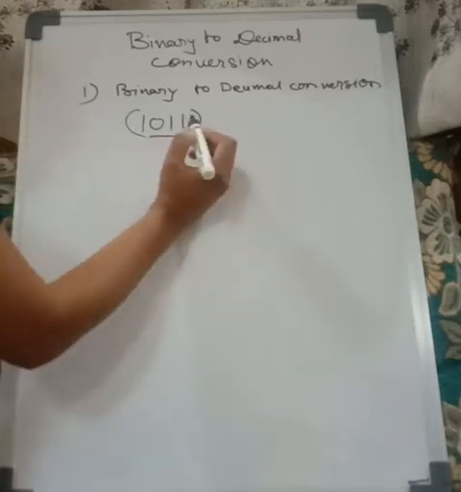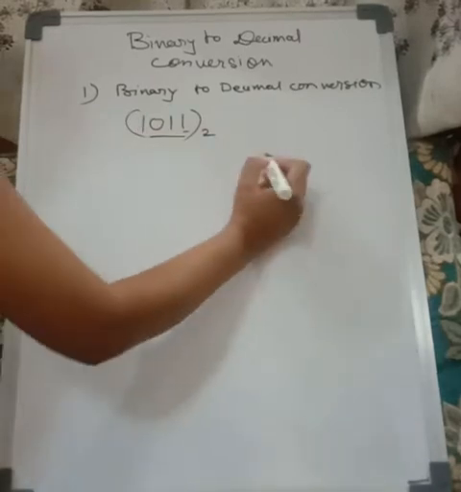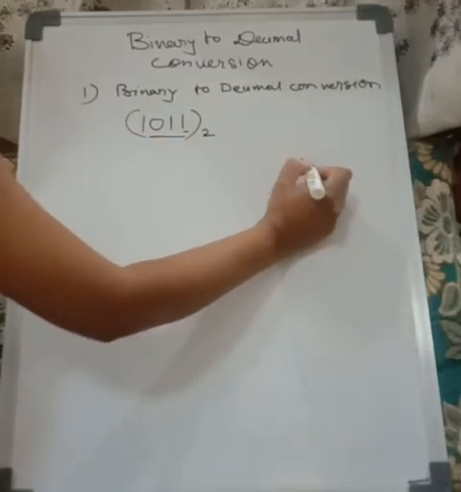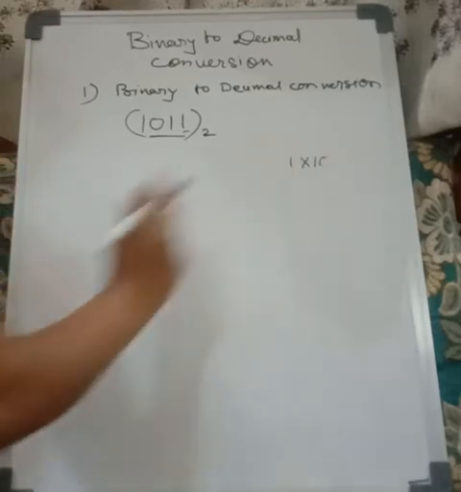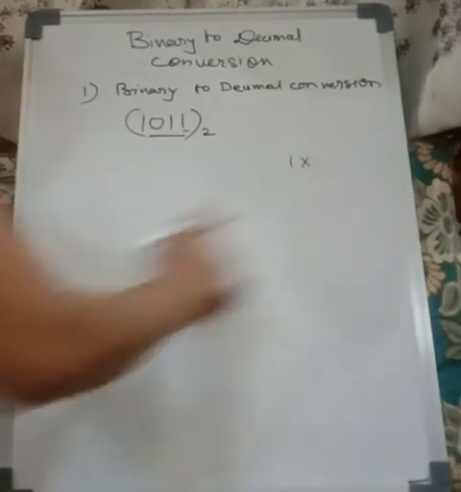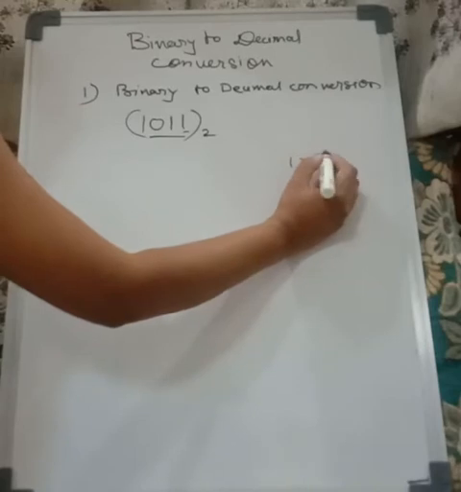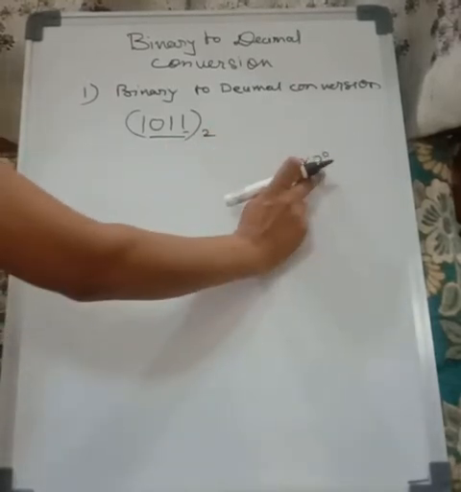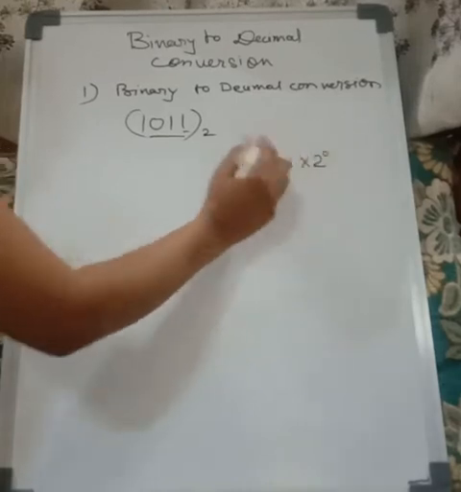First of all, we'll take this digit. This is 1, so 1 into 2 to the power 0. Since we are dealing with the binary number, we are taking 2.